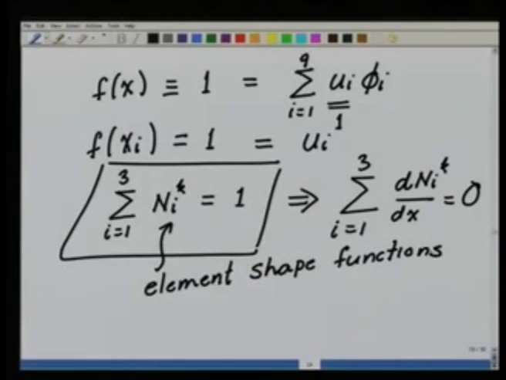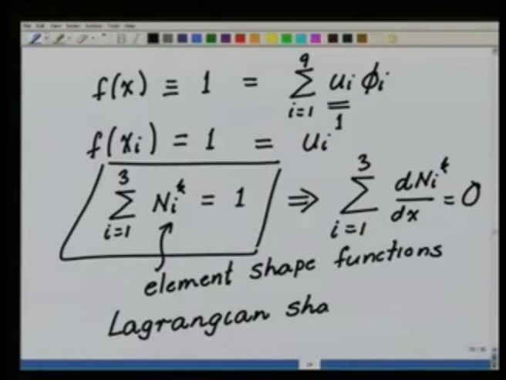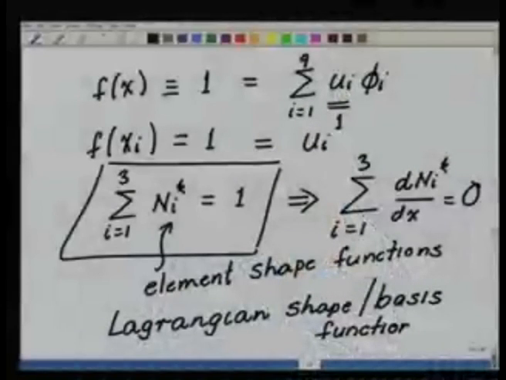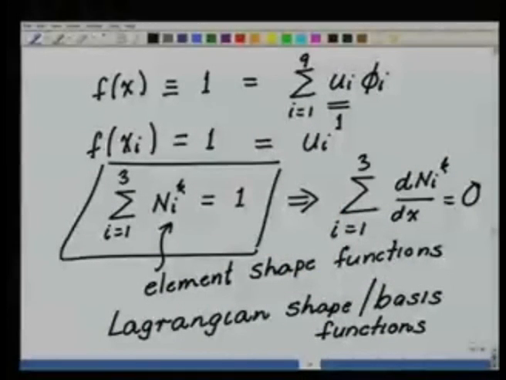The definition of these element shape functions that we have used is called Lagrangian shape or basis functions. We will see how to generalize these to go for a kth order approximation in future.